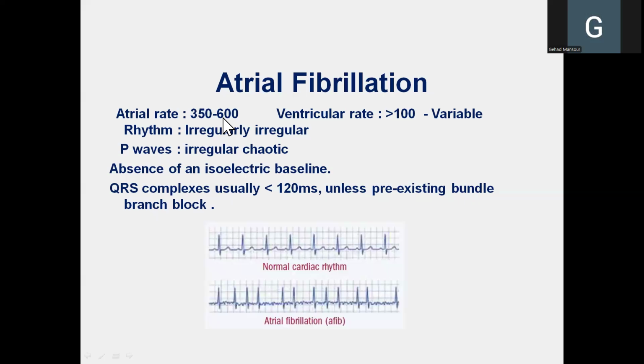So they acquire the property of the SA node to be able to generate electric impulses on its own. So one cardiac muscle all of a sudden started generating electric impulses at a very rapid rate on its own, without any extrinsic innervation, at a very rapid rate, which is 350 to 600.